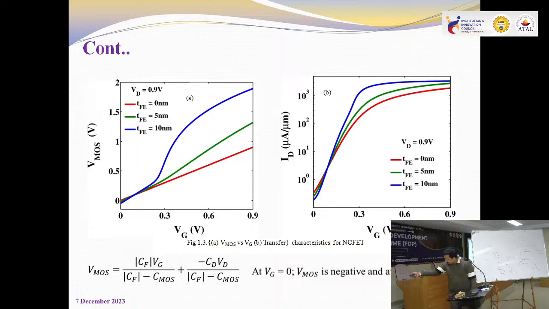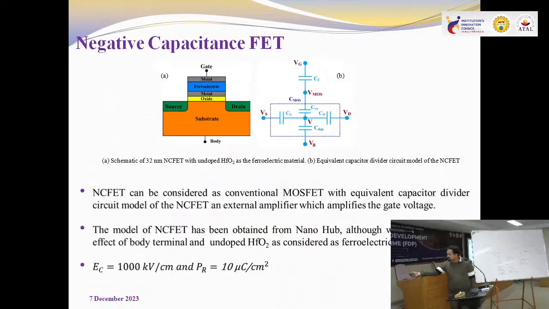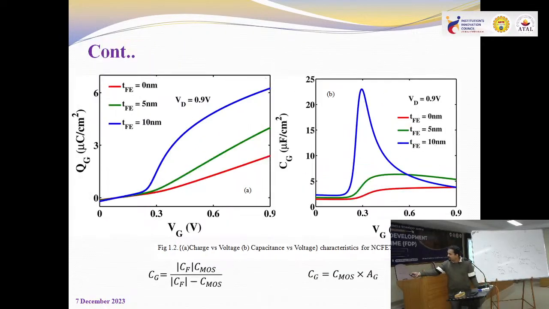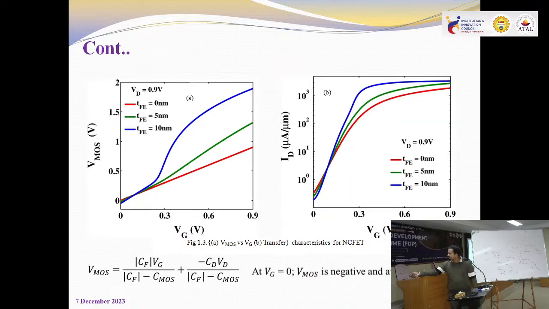But this is TFE equals 5. Now if I see here, when VG equals 0.9, VMOS is close to 1.2 something. So amplification has occurred. VG is 0.9, and I am able to achieve 1 point something. For the case of TFE equals 10 nanometer, VG is 0.9, and this is the curve.